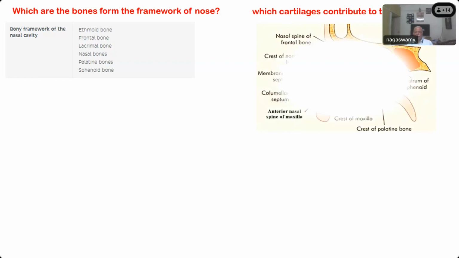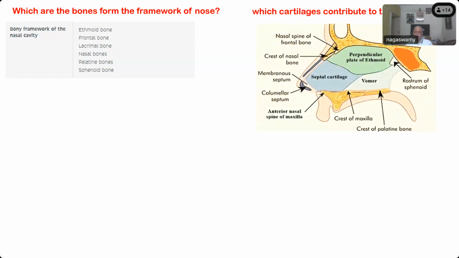Okay? So the bones or the cartilages that form the septum: anteriorly there is a septal cartilage, and this is the portion normally you will find will be deviated, and there is a perpendicular plate of ethmoid and there is a vomer arising from the floor of the maxilla or the palatine bones. So these three are the major important components.